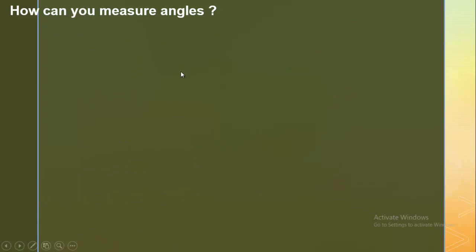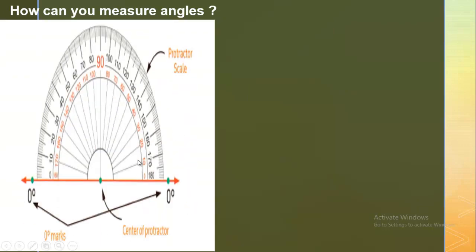How can you measure angles? Now, if we have this shape, it's called a protractor. This protractor measures angles of any shape. How can we use this protractor to measure the shape?